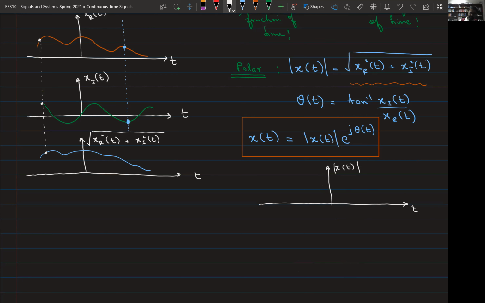It would be some arbitrary waveform. Let's say hypothetically, this is what it looks like. It's always positive. Okay, and then there's a phase. That phase could perhaps look something like maybe constant, maybe decays, and maybe goes in the negative side. Okay, so now you're using two plots to depict that signal in two graphs.